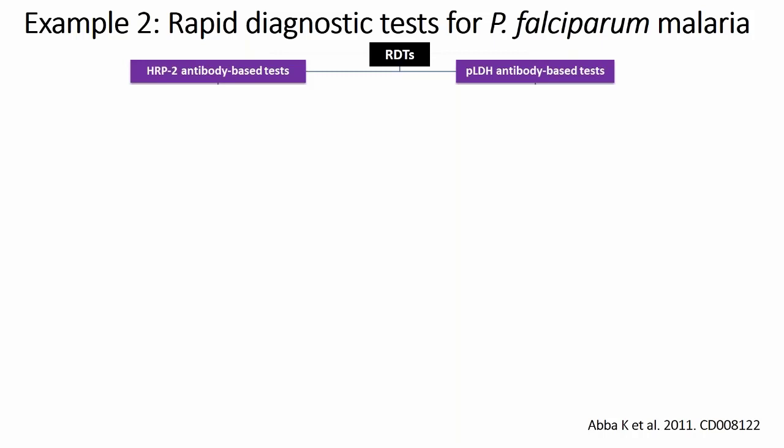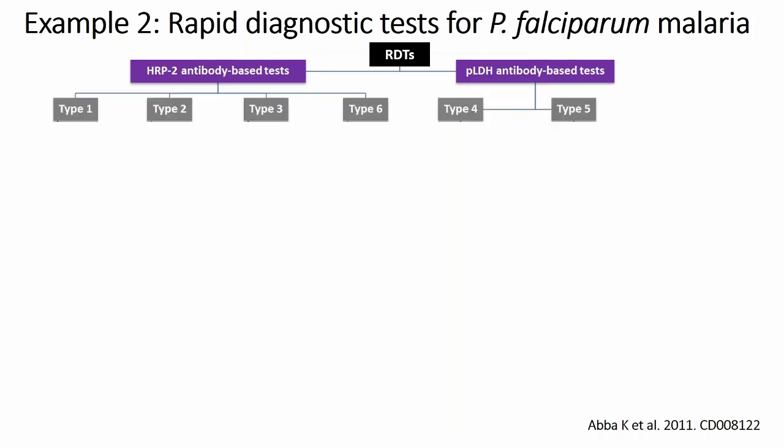So we've got 2 types, HRP2 and pLDH antibody-based tests. Now, each antibody type consisted of test types. So there's 6 different test types. Types 1, 2, 3, and 6 are classified as HRP2 antibody-based tests, and types 4 and 5 as pLDH antibody-based tests.